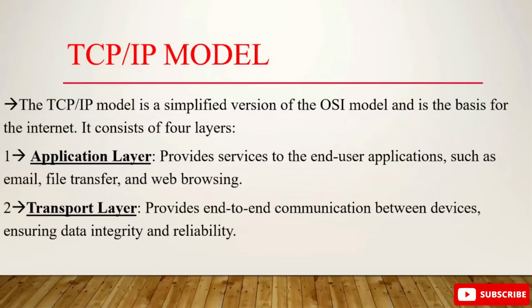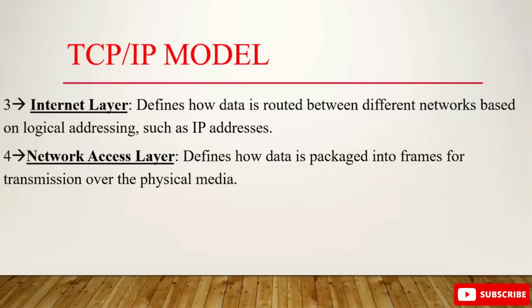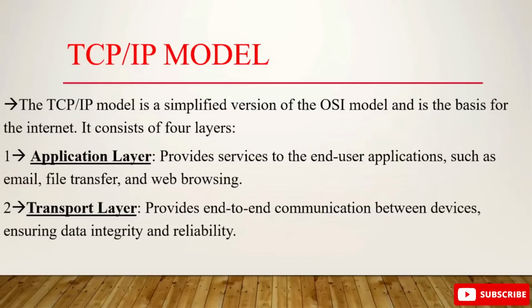The TCP/IP model is a simplified version of the OSI model and is the basis for the internet. It consists of four layers: application layer, transport layer, internet layer, and network access layer. The application layer provides services to the end user applications such as email, file transfer, and web browsing.